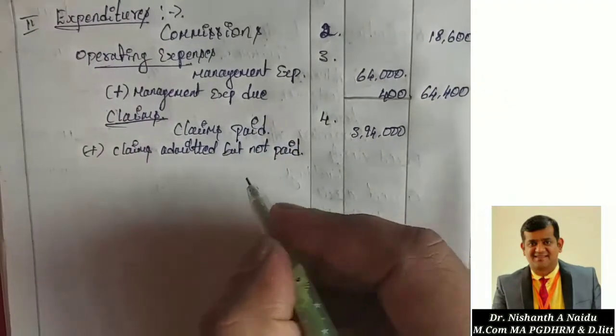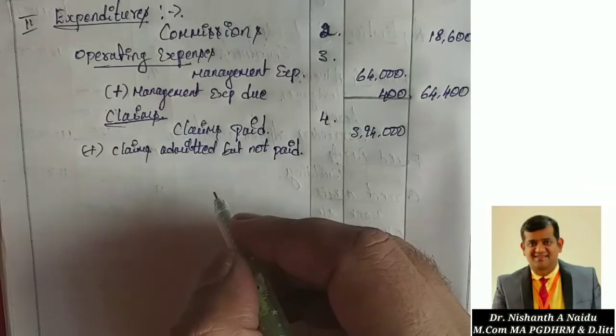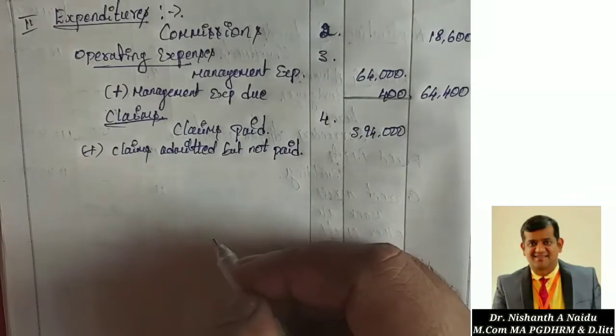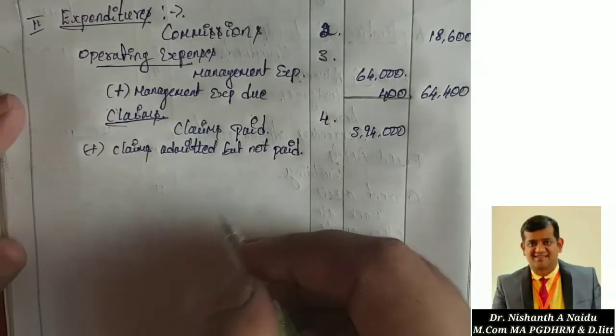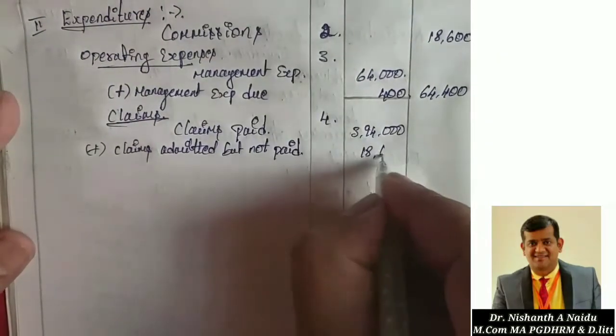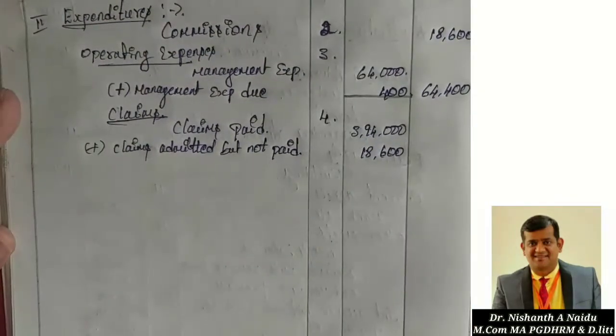That is nothing but outstanding claims. So you can directly write it as outstanding claims. If you get confusion, then you have to write like this. So that is going to be 18,600 rupees. Correct.